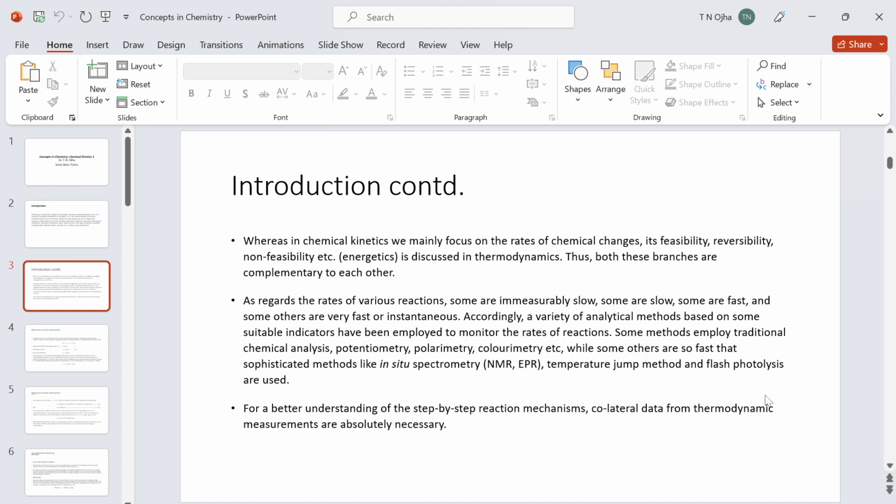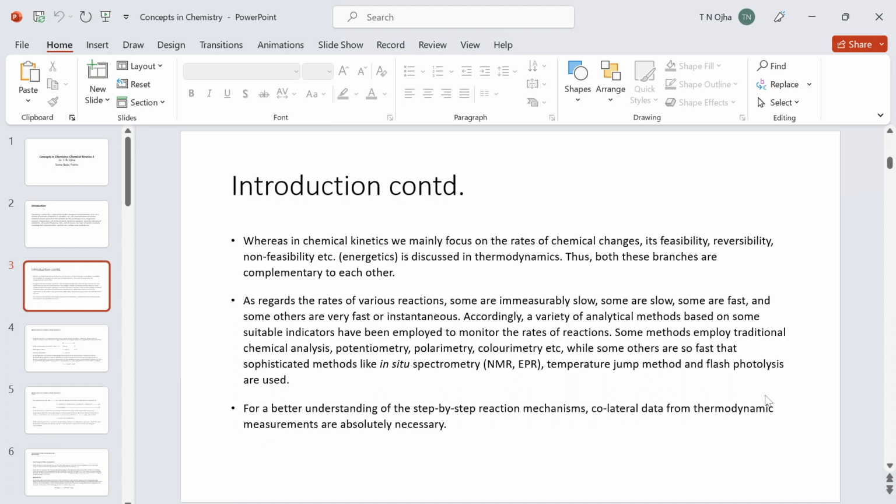As regards the rates of various chemical reactions, some are immeasurably slow, some are slow, some are fast, and some are very fast or instantaneous. Accordingly, a variety of analytical methods based on some suitable indicator parameter to be measured have been employed or monitored.